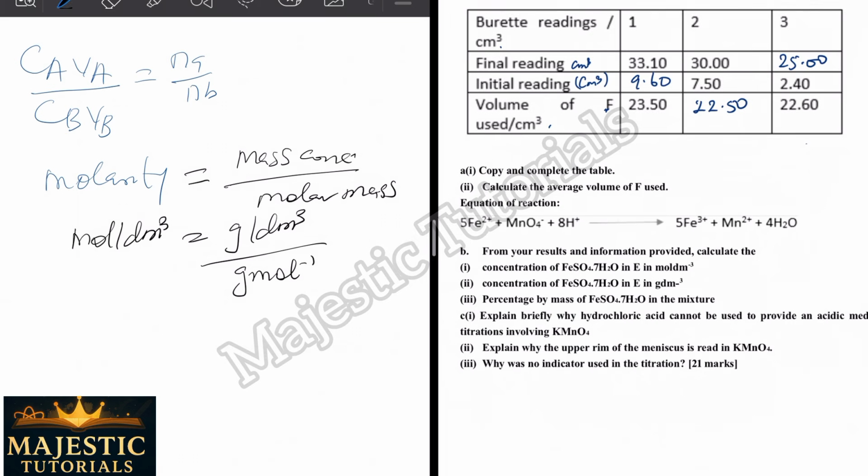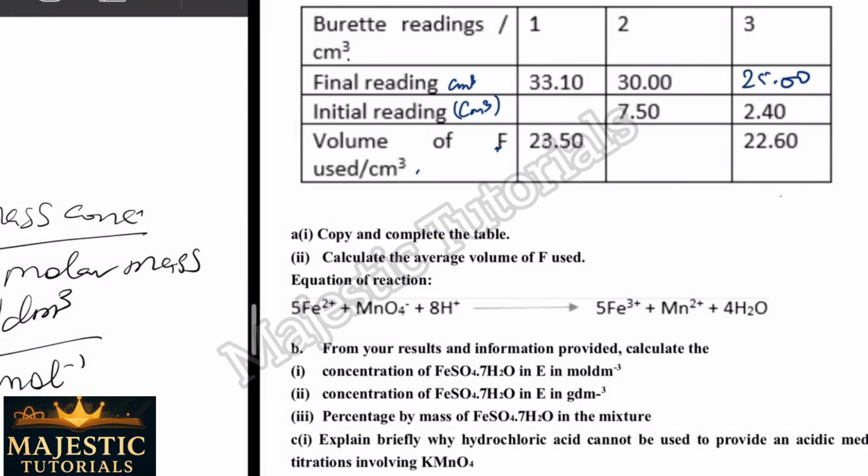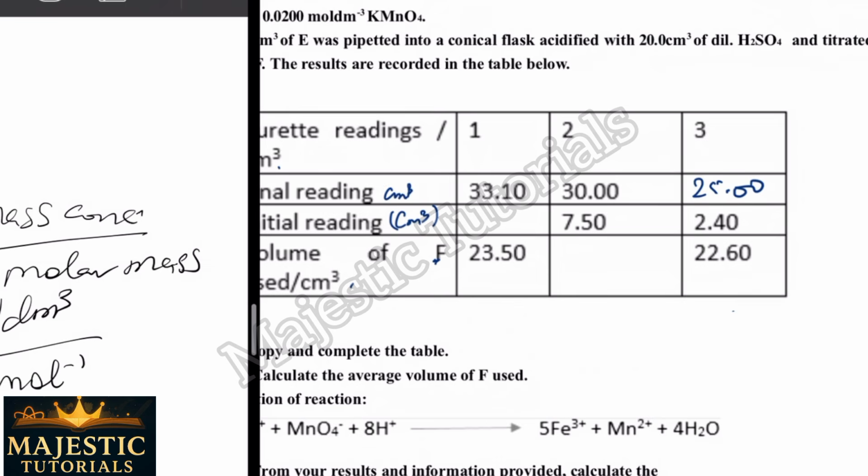This one is now going to be based on this table anyway. Sorry, I think I will do it on this table side so that you get it. Average volume of F used. We are going to use concordant titers. I cleaned here unknowingly. I've written what is here as 22.50, I guess.